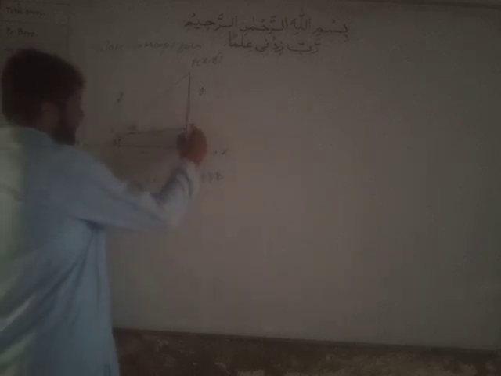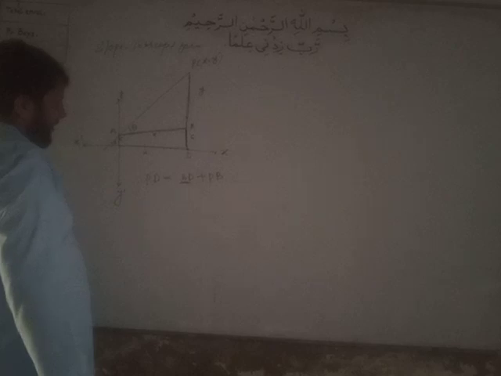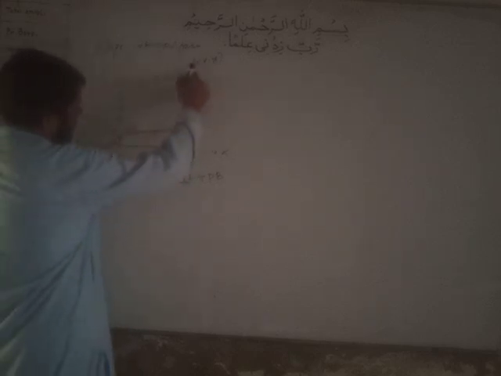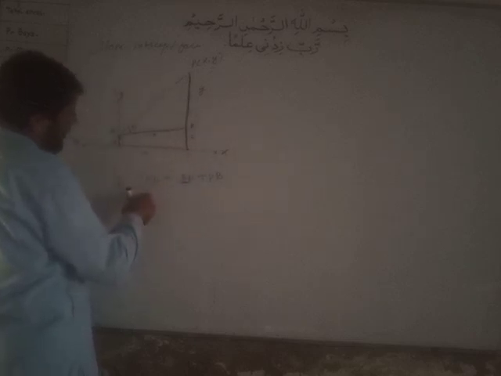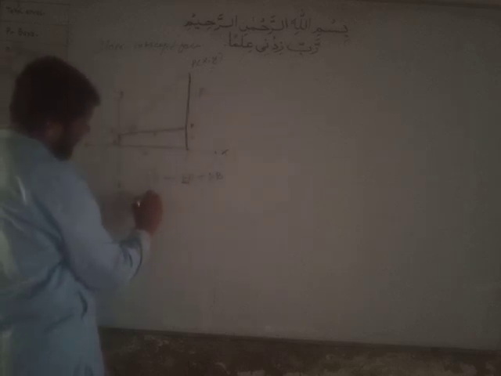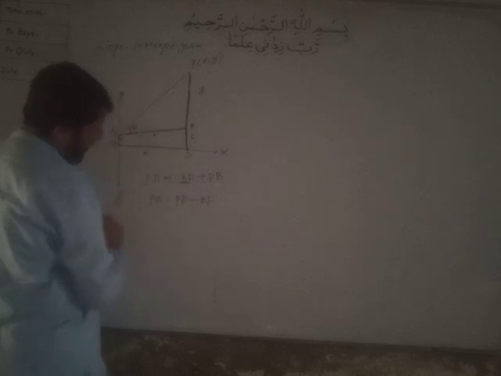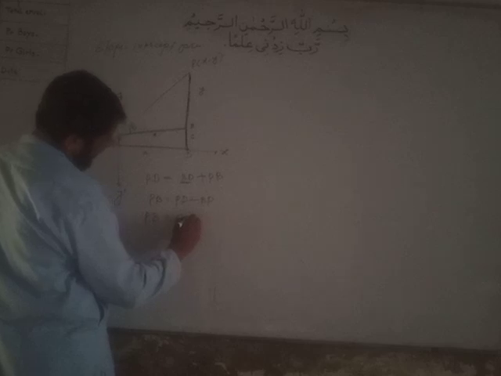Okay, so we can say this is C, this is C, and here this also C, and this is the x. So when we can say this is theta, the line here is y. So we can say the complete line PD is equal to y. So PB is equal to PD minus BD. Okay, so PB is equal to y minus c.